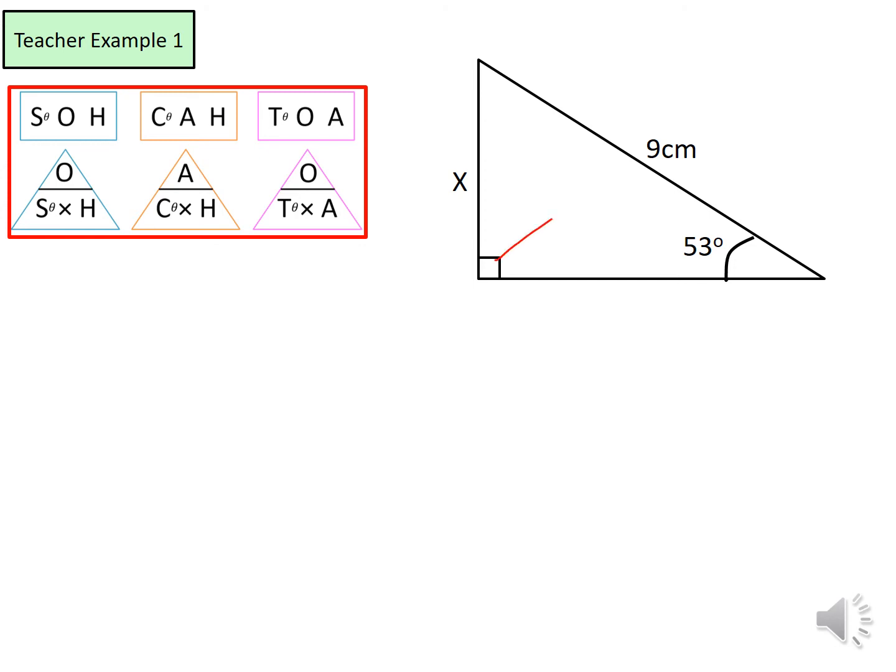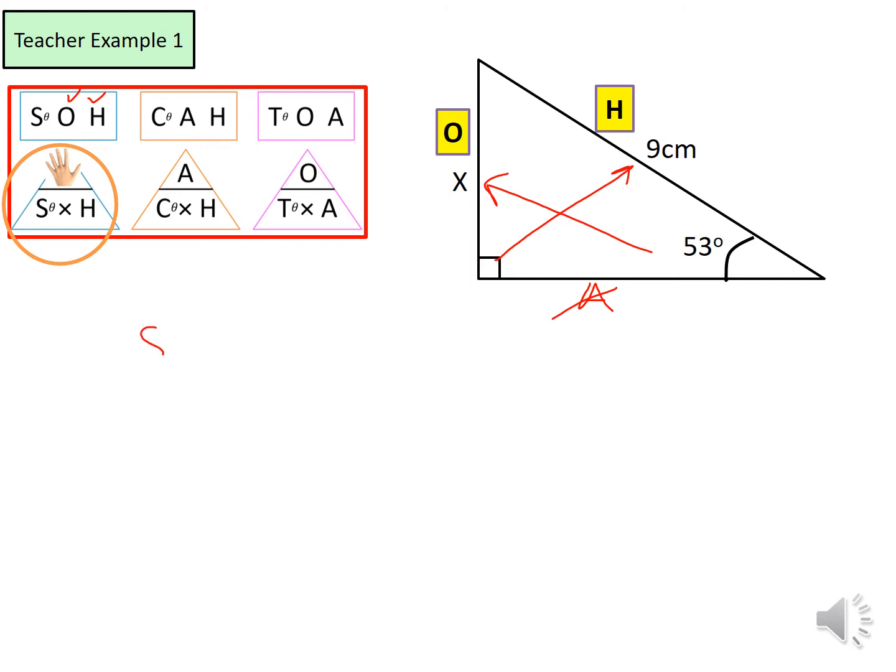Opposite the right angle is my hypotenuse, opposite my angle is the opposite side, and we're left over with adjacent. Which one do we not need? The adjacent. We're left over with the opposite and the hypotenuse. Therefore I'm going to be using sine.